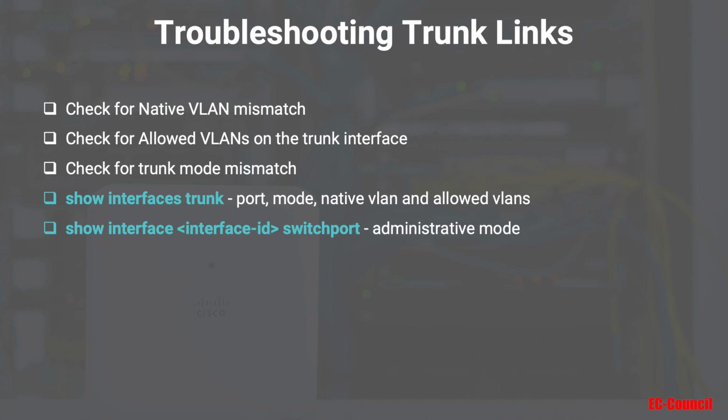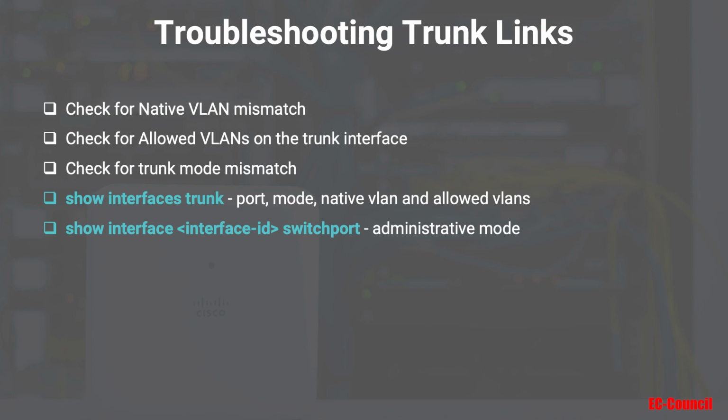This error will always present some sort of warning message on the Cisco command line interface. Please ensure that there's no native VLAN mismatch. If a mismatch exists, you will have latency and packet loss on this link.